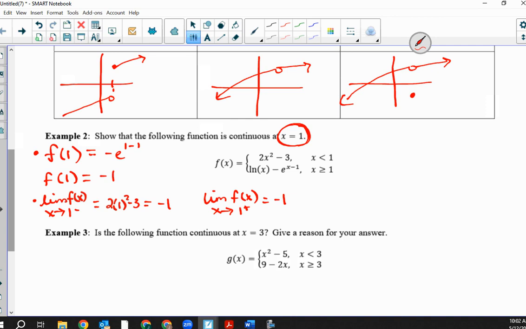So that means this is continuous. Let's write our third bullet point over here. The way you need to note it, f of 1 is equal to the limit of f of x as x approaches 1. Therefore, f of x is continuous. You can abbreviate continuous at x equals 1.